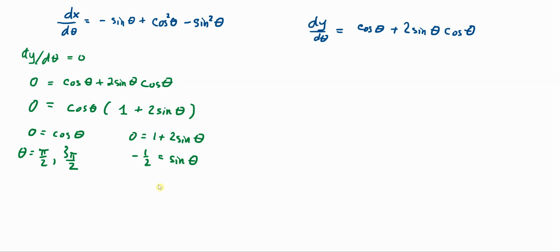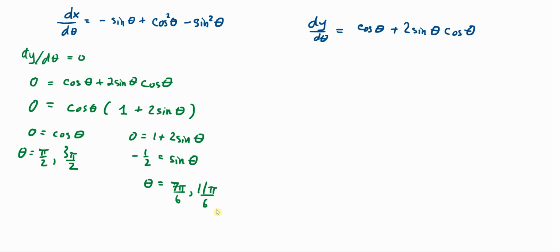Know your unit circle. Theta will be equal to 7 pi over 6 and 11 pi over 6. And more, right? There's infinitely many answers for theta that we can plug in here. We just keep adding periods onto each of these points, right? So this is where in pre-calc you're going to add like 2 pi n, where n is an integer, to each of these points in order to get infinitely many.